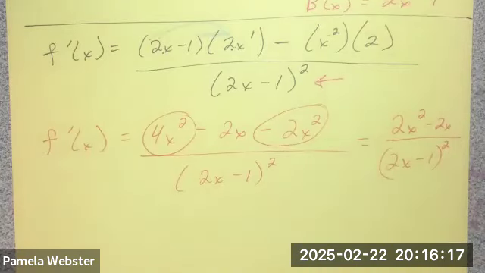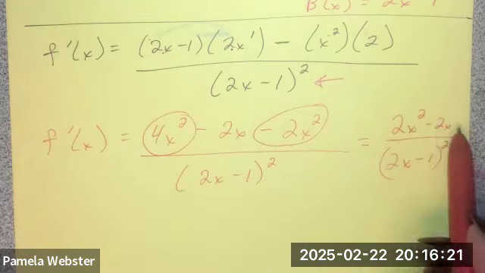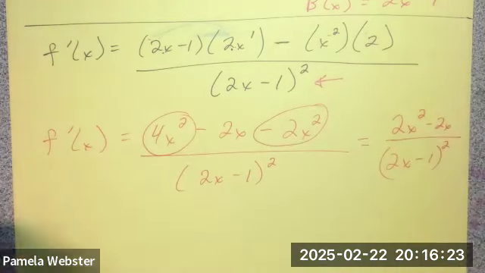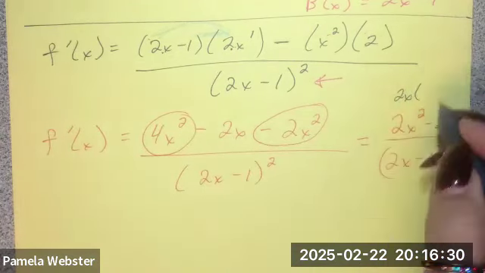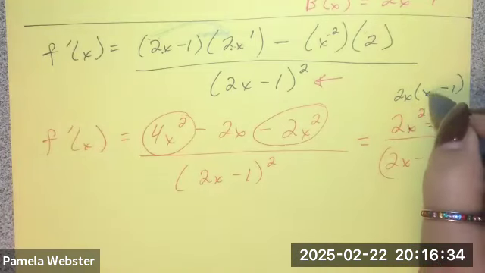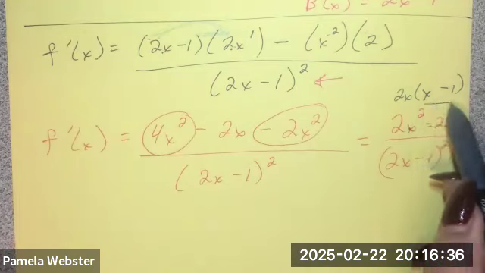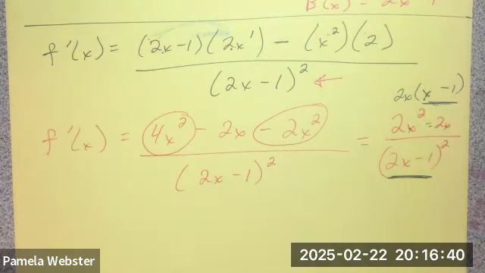Okay. So the only thing you could possibly do here is if this factored outright, you might be able to get rid of one of these x squared guys here. But think about how this factors. If I pull a 2x out, I'm left with an x in that first term and a minus 1 in the second term. So even in a factored format, this x minus 1 and that 2x minus 1 will not reduce.